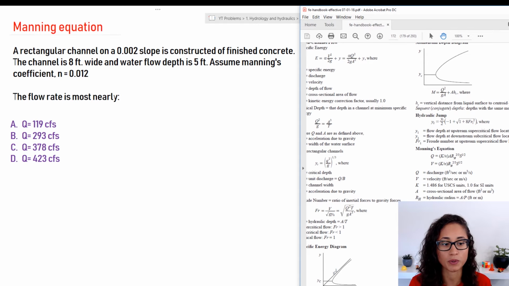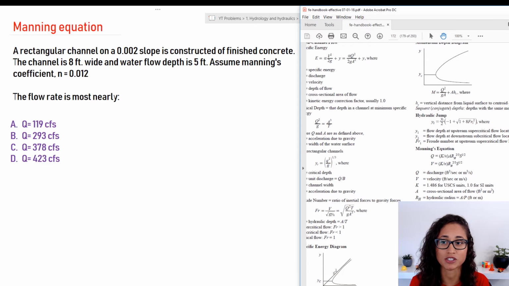And then the slope is also dimensionless, feet per feet or meters per meter. For the hydraulic radius, it's just the area divided by the wetted perimeter. It's really important. I think that's the only variable here that can be a little bit tricky to calculate, but everything else is pretty straightforward.